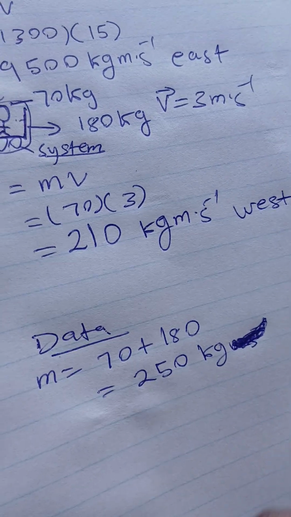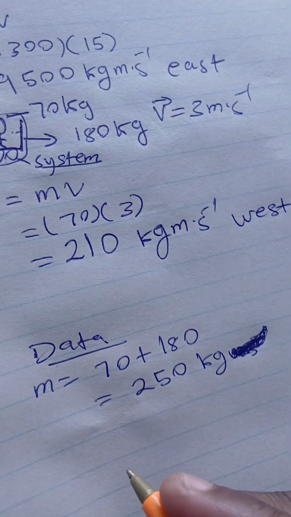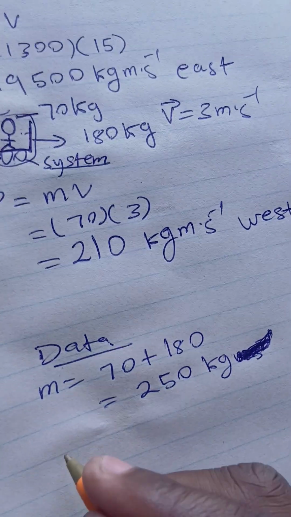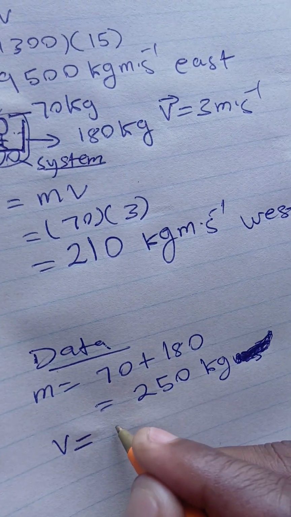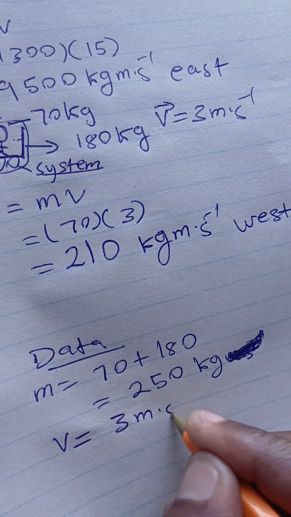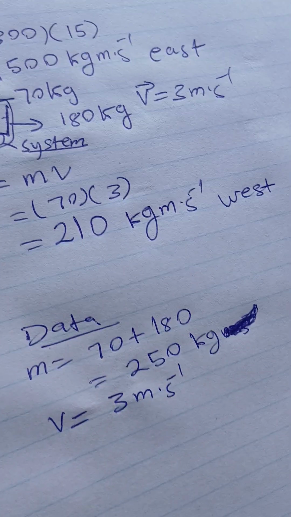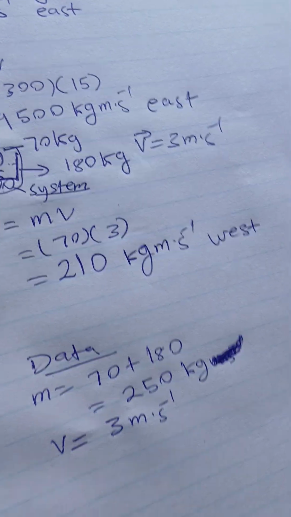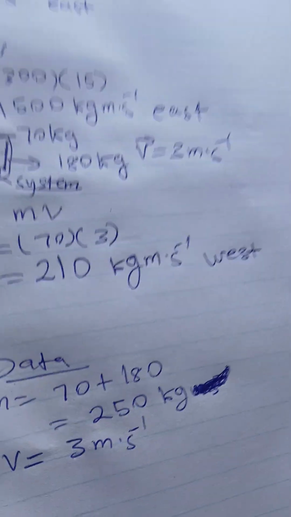So that is the mass of the system, and the velocity, remember, they both move with 3 meters per second. As a system, they are all moving with a velocity of 3 meters per second.